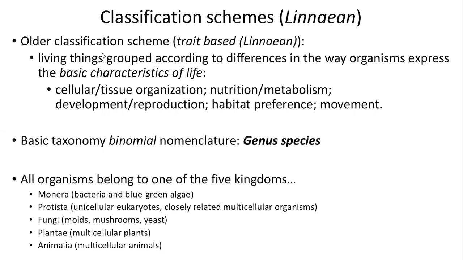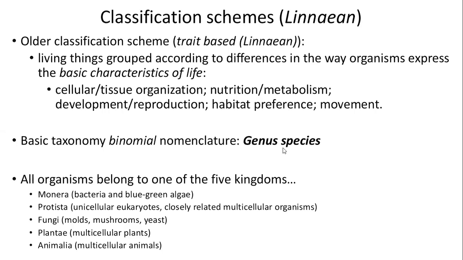So originally, living organisms were classified by a system that grouped them together based on different characteristics they had, maybe similar hands or body structure, the way they take up nutrition and use it, or how they develop and reproduce, things like that.